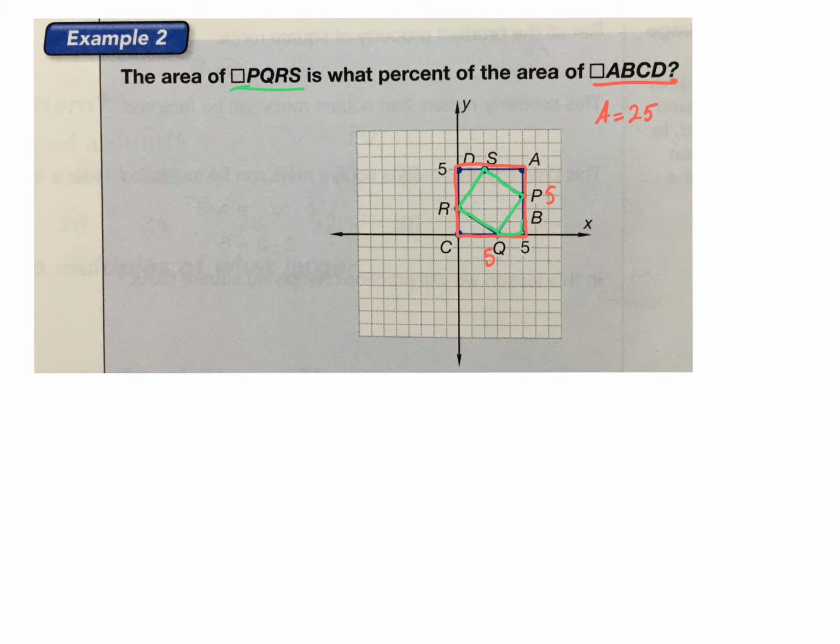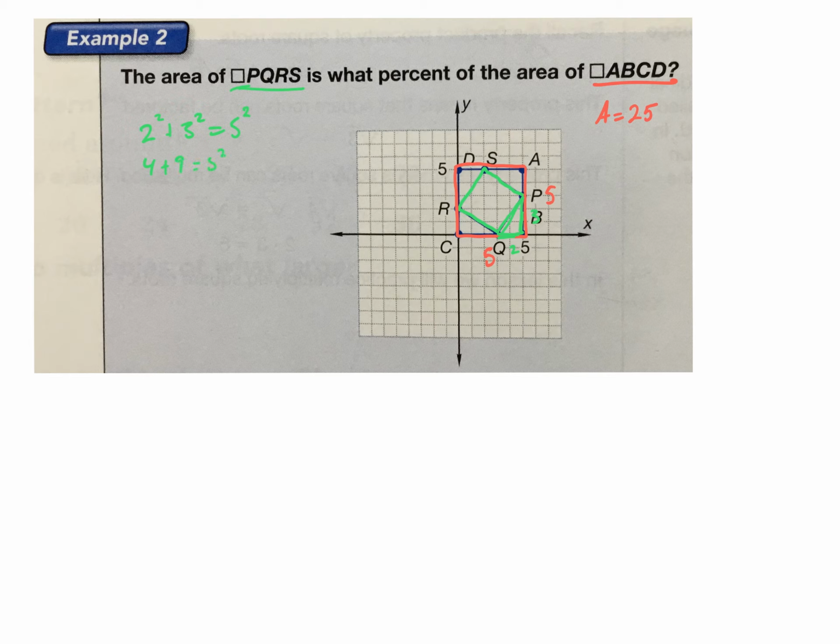Again, we'll just use this right triangle here. This side length is 2, and that side length is 3, so it's going to be 2 squared plus 3 squared is equal to, I'll call it S for side squared. 2 squared is 4, 3 squared is 9, that's going to be S squared.